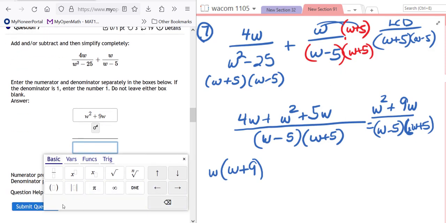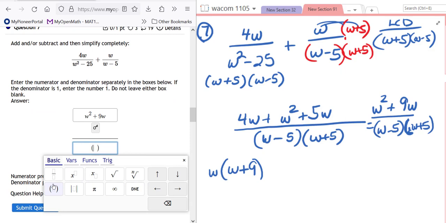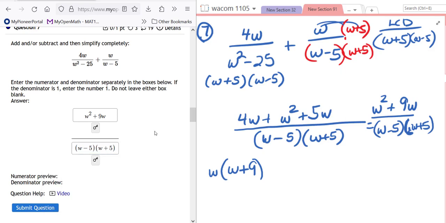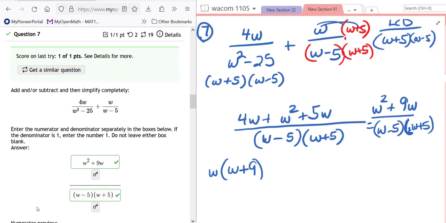I like that parentheses button. W minus 5. And another parentheses. W plus 5. Good.